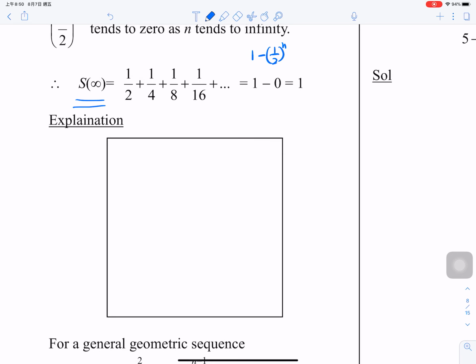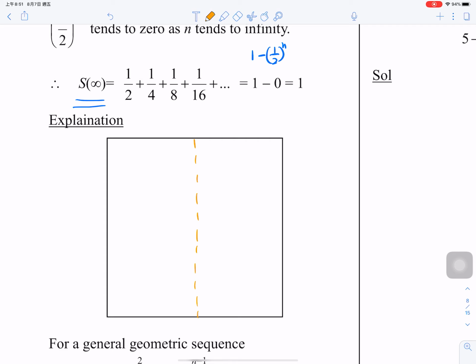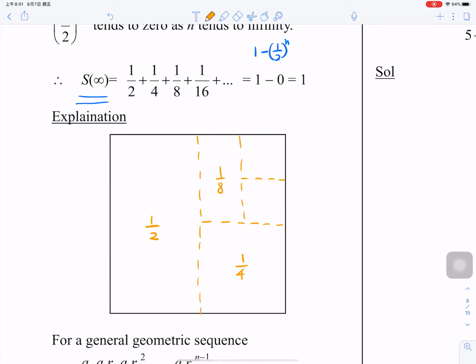Let's see. I use this to help you understand. This one is 1 over 2, plus 1 over 4, plus 1 over 8, plus 1 over 16, plus 1 over 32, plus 1 over 64, and it goes on.